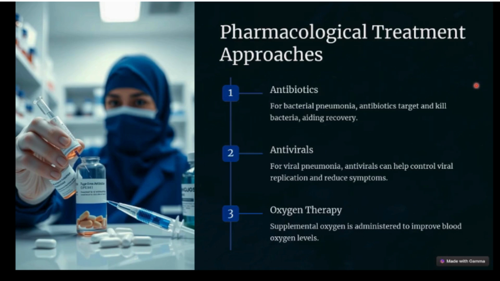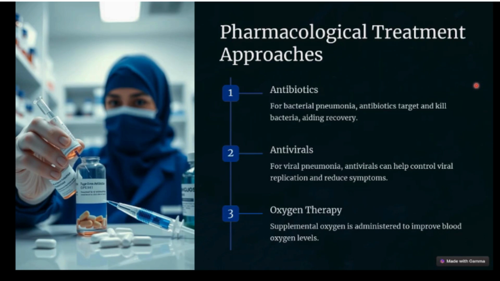Antivirals for viral pneumonias: oseltamivir for influenza and other antiviral agents for specific viruses.